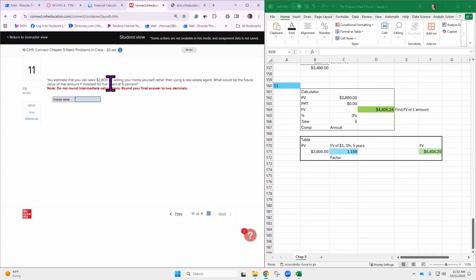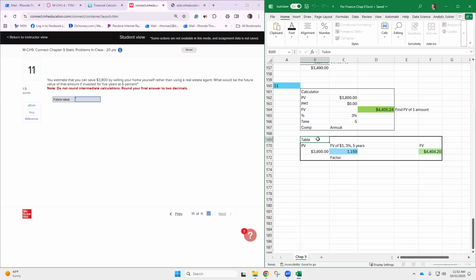Last question. If you estimate that you can save $3,800 by selling your home yourself rather than using a real estate agent, what would be the future value of that amount if you invested it for 5 years at 6%? So this is one amount of $3,800.